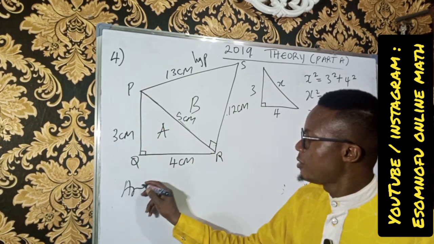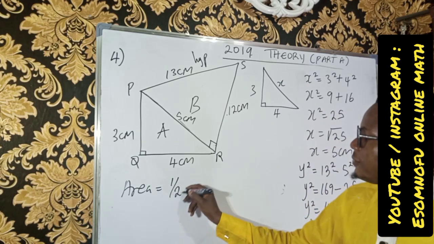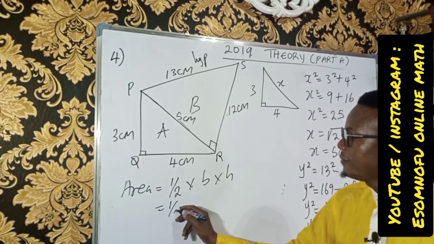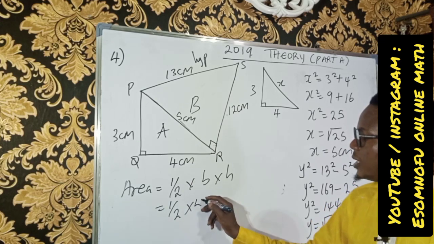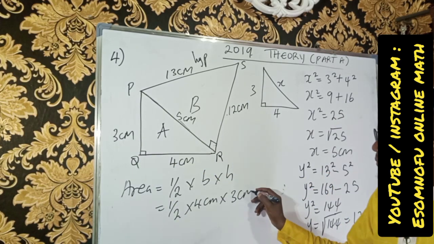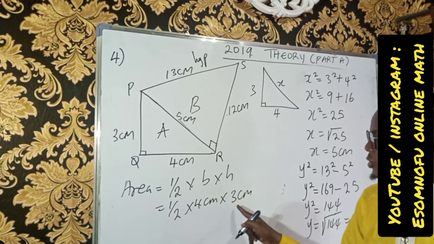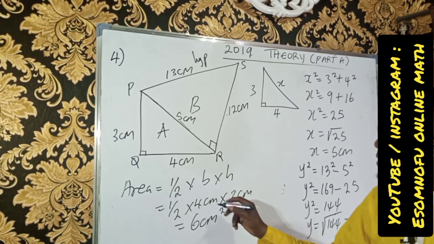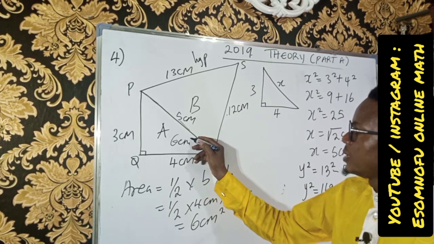The area of a triangle is half times base times height, which is half times the base, 4 cm, times the height, which is 3 cm. Half of 4 is 2, and 2 times 3 is 6. So the area of this one is 6 cm squared.